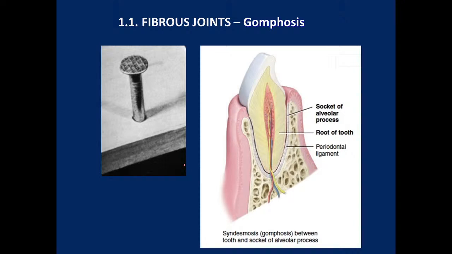Another very interesting fibrous joint is called gomphosis. This is an example of syndesmosis.